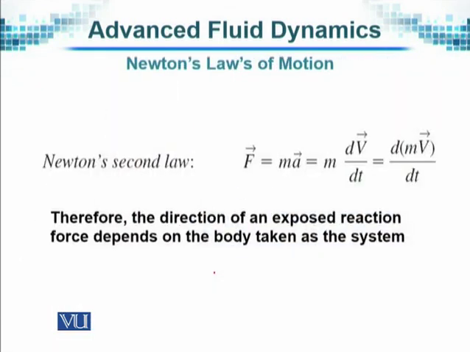If we need to write it in mathematical terms, F is a force and it's a vector quantity. So a vector quantity has a direction, and therefore you see an arrow there.